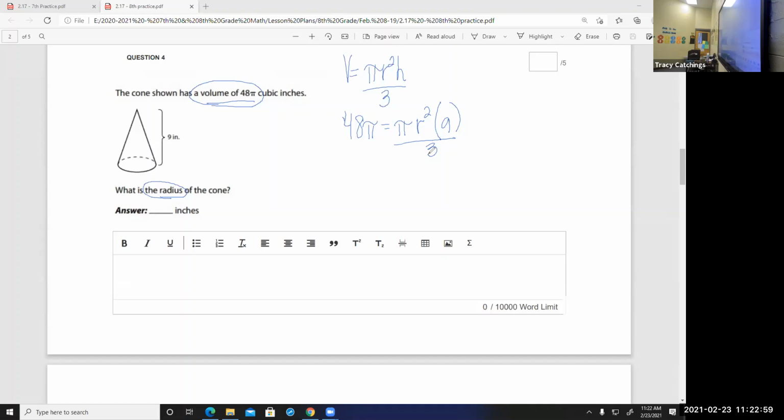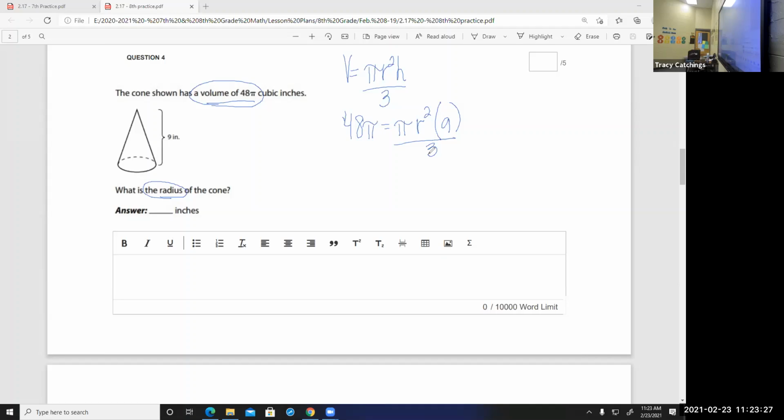Okay, we got to get R by itself. So what's the first thing you're thinking? Look at R. What do we have to do to figure out R? What is it being divided by?